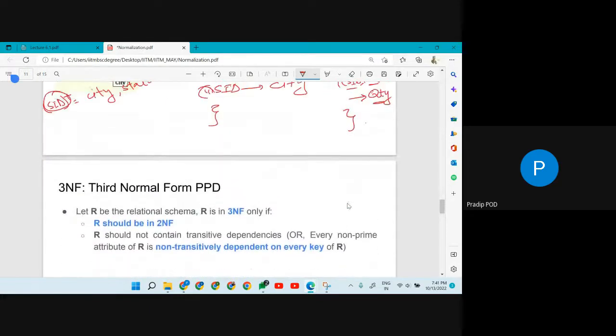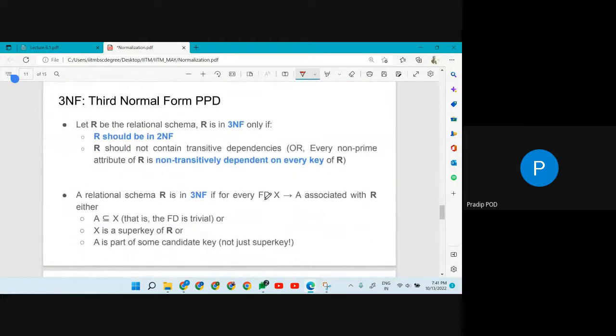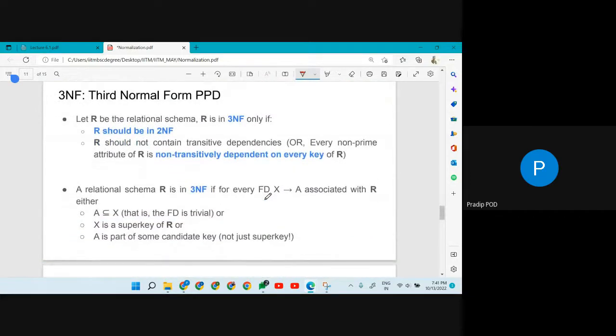Now second NF is clear. Now we will see the third normal form, right? In the second NF, we saw there are two conditions that need to be satisfied.